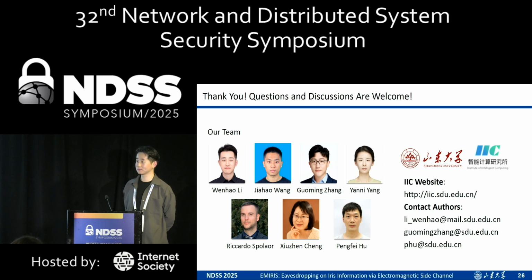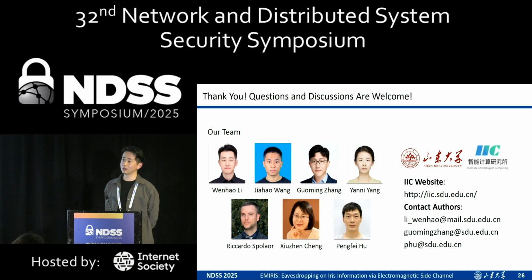You said you measured several devices, but do those have the same way to transfer the data? Yes. For most near-infrared sensors, they use the same transmission patterns. So it's not encrypted, or mostly uses the same technique? Yes. Okay, thank you.